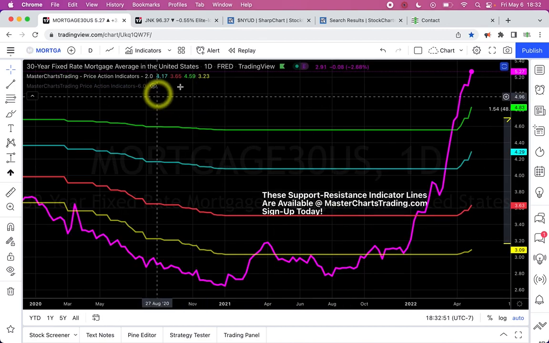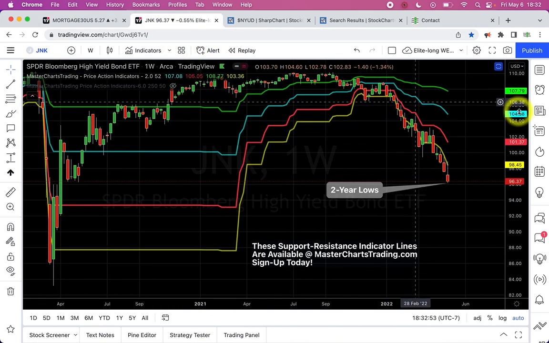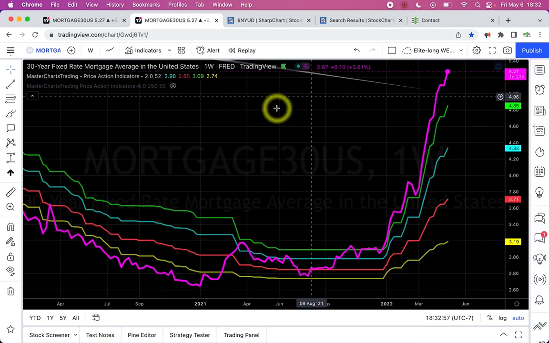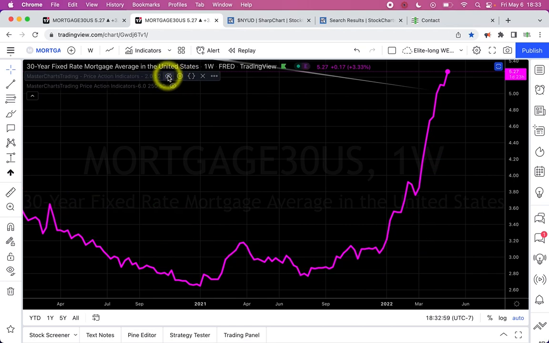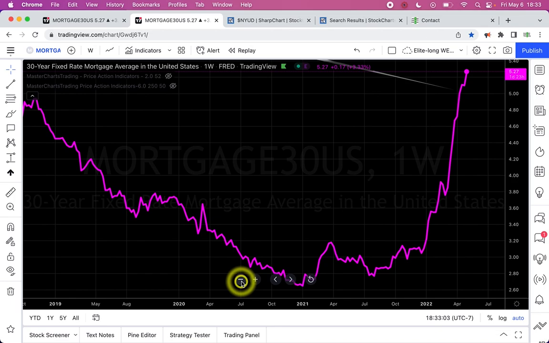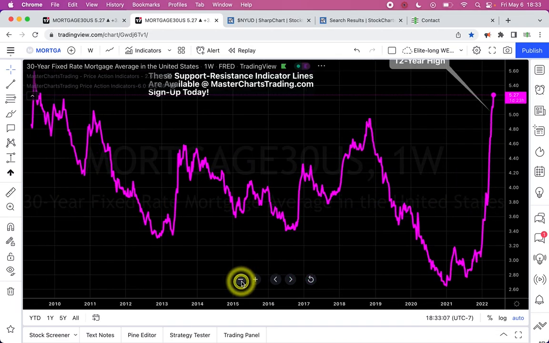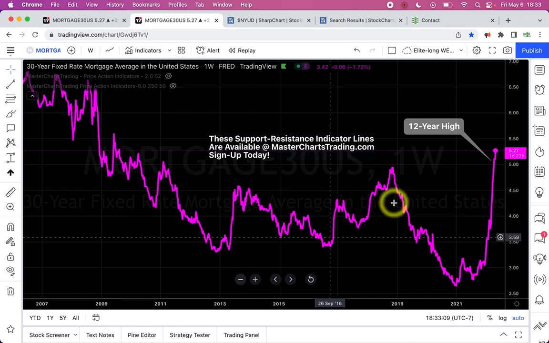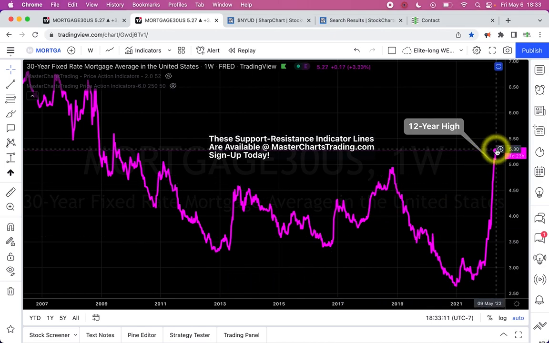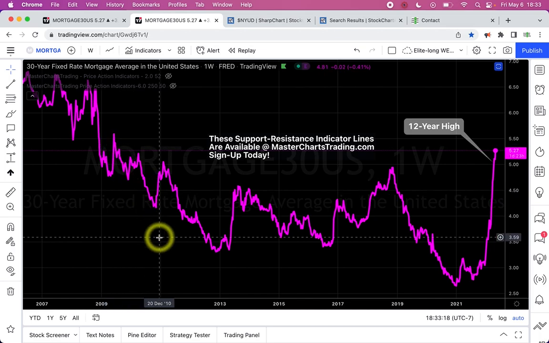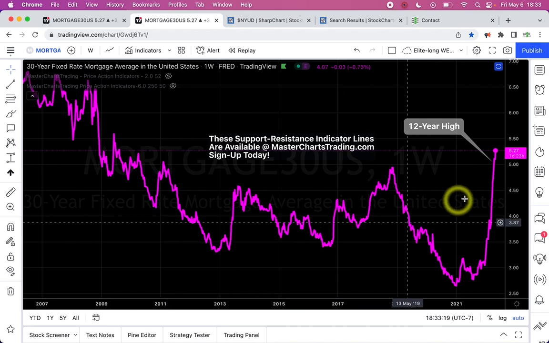In fact, looking at mortgage rates, this is the 30-year fixed rate mortgage, and we're zoomed out quite a bit. That's a 12-year high. This is a level we haven't seen since 2009. So a huge move.